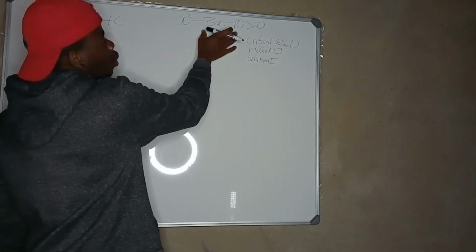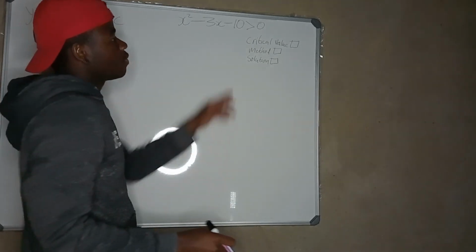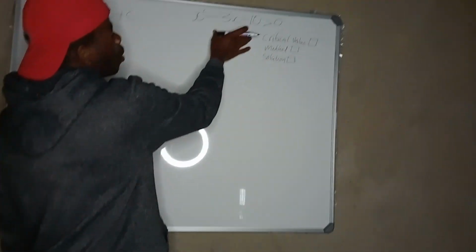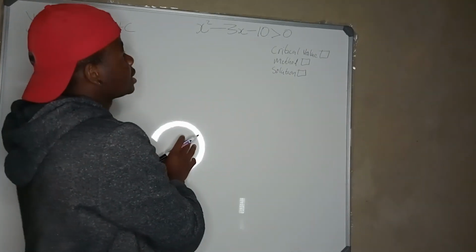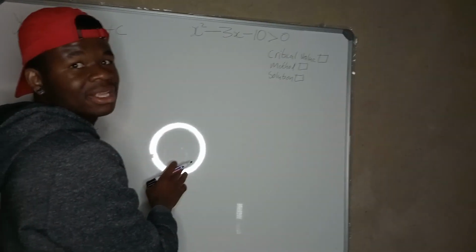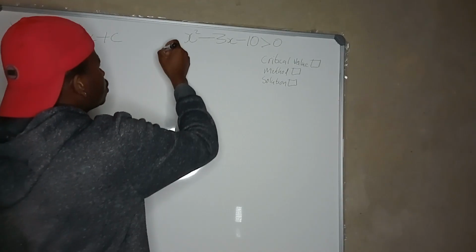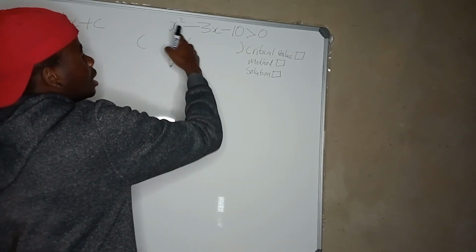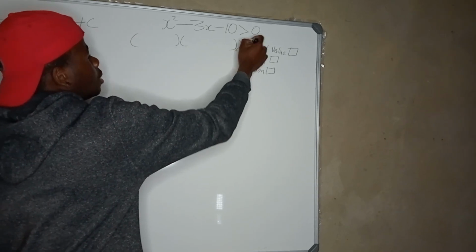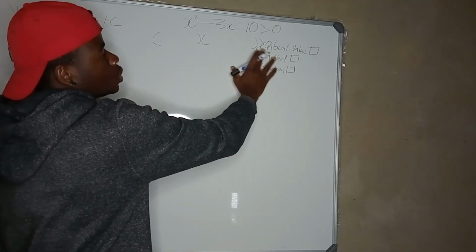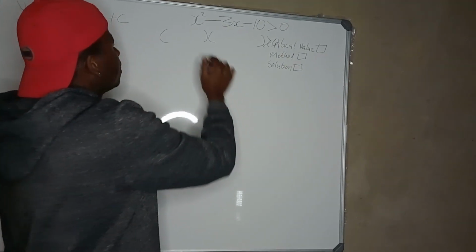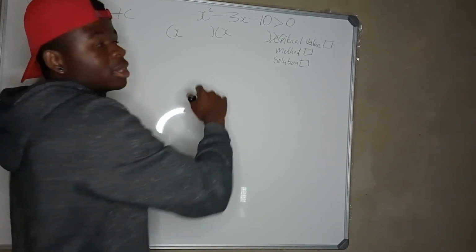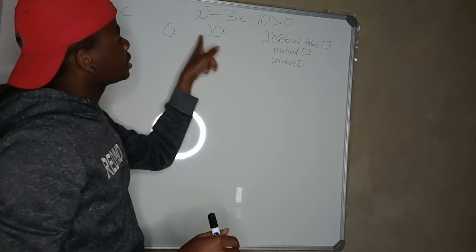We are going to go to our equation and look for the critical values. If I'm given something like this, I must factorize. I'm going to open two brackets, because we have an x squared here, less than 0. So it's going to be x and then x. How do I find these factors?